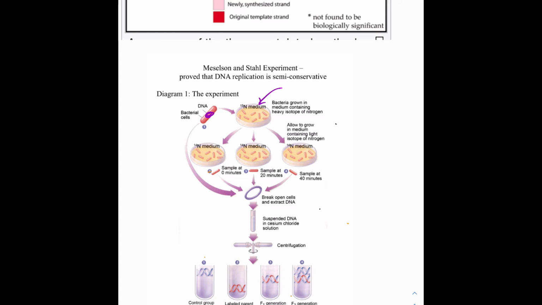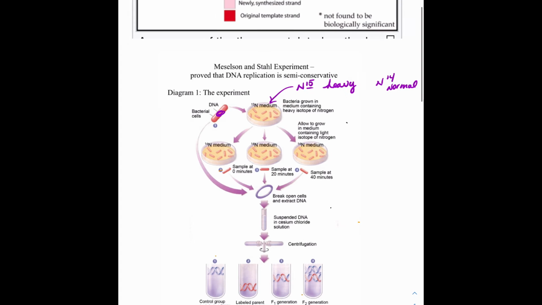They put in N15, nitrogen 15, which is a heavy nitrogen, because normally nitrogen is N14. What I mean by that is the N15 heavy nitrogen has one extra neutron, and that makes it just a little bit heavier.